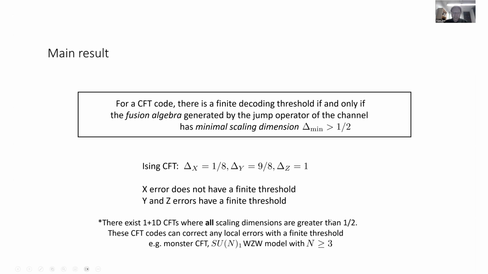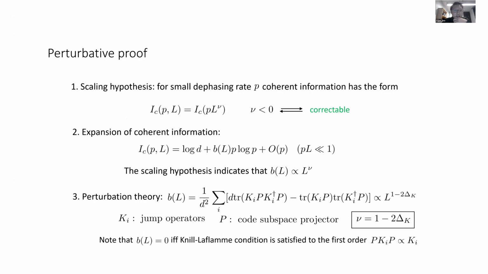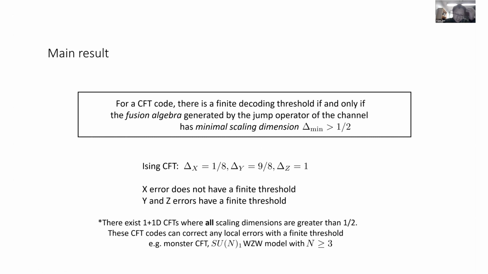That requires all the scaling dimensions to be greater than 1/2. That includes, for example, the so-called monster CFT, or the Wess-Zumino-Witten model with SU(N) symmetry, but you need N greater than or equal to 3. That's kind of interesting: you cannot really realize it using spins, but you have to use qubits. Okay, so that's our main result.